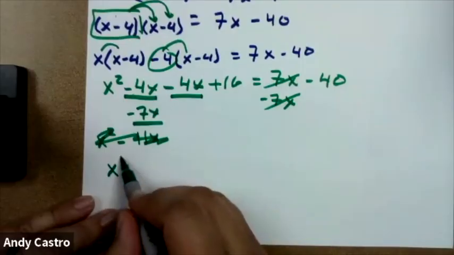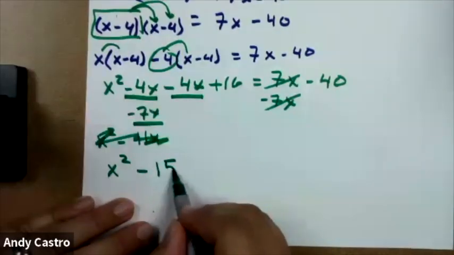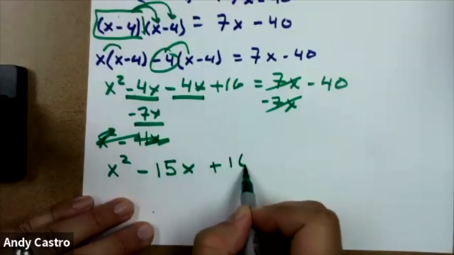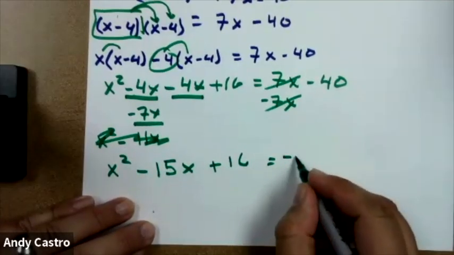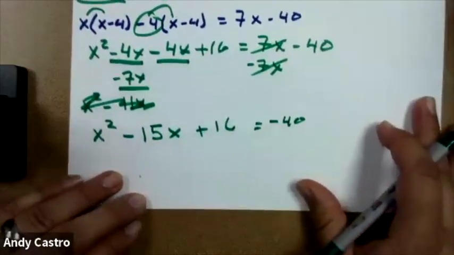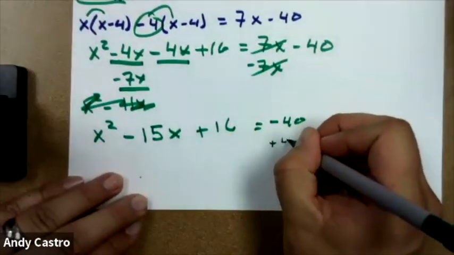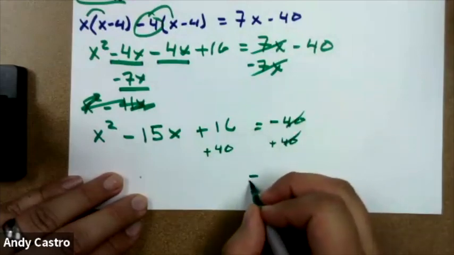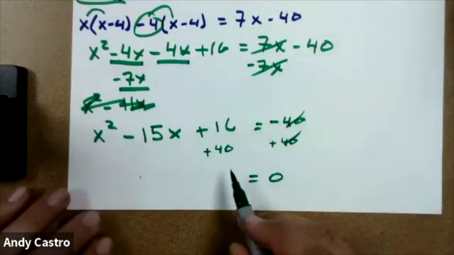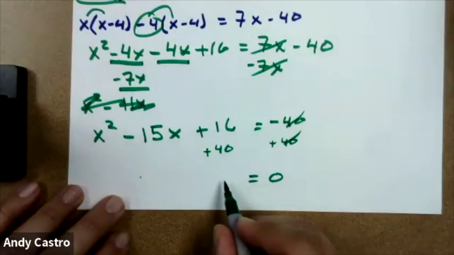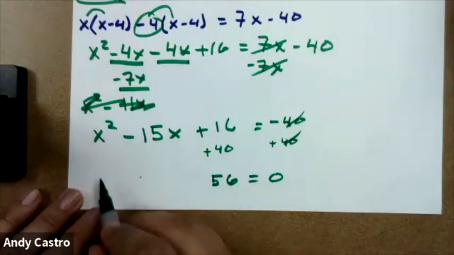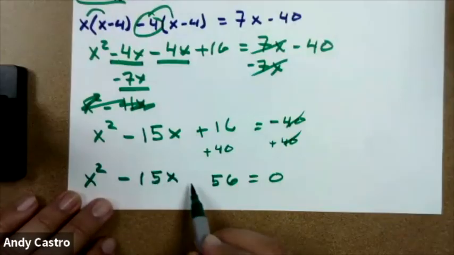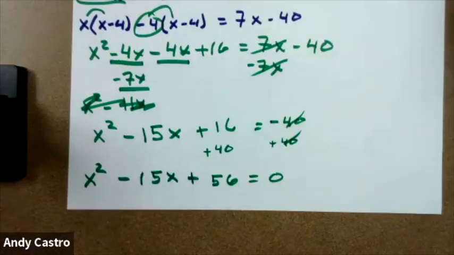So x squared minus 15x, because I combined these two, and then plus 16 is equal to -40. Now I'm going to add 40 to both sides. So I'm left with 0 on the right. And over here, this gives me 56. So I have x squared minus 15x plus 56.